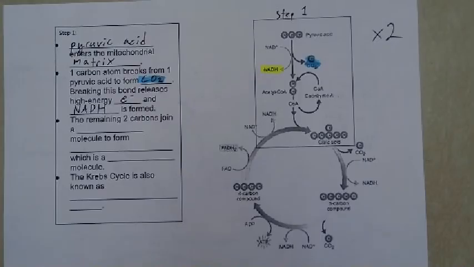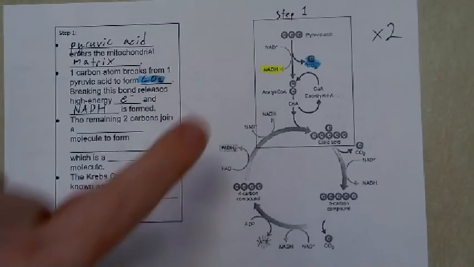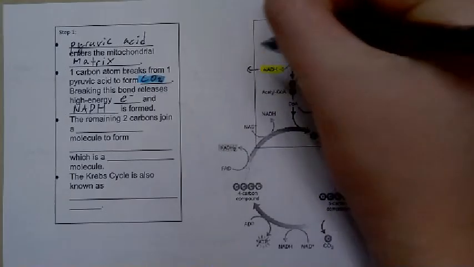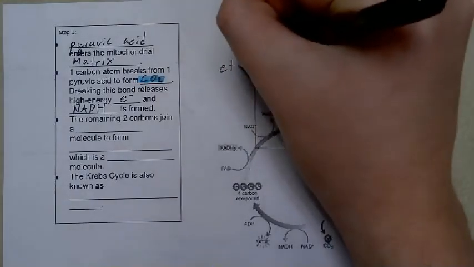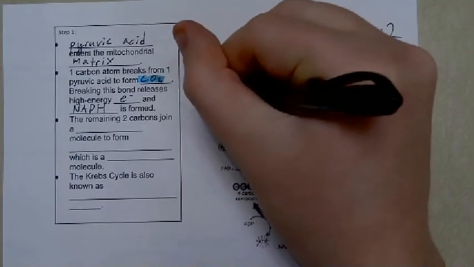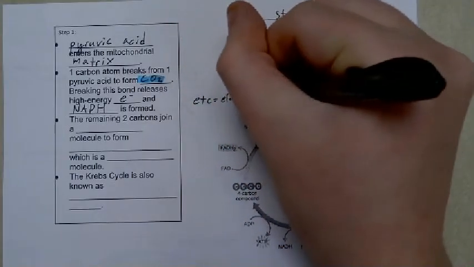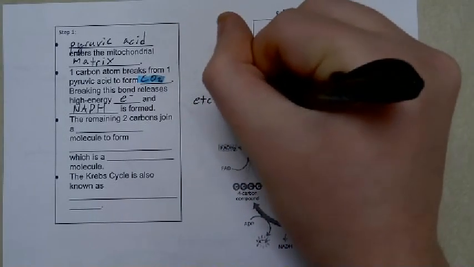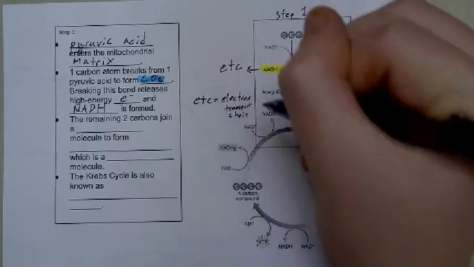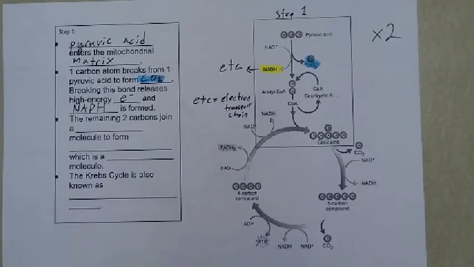We need to carry these electrons over to the electron transport chain. Thus, we need electron carriers to take them over to the electron transport chain. I'm going to write ETC equals electron transport chain, so they are taken over to the electron transport chain here.